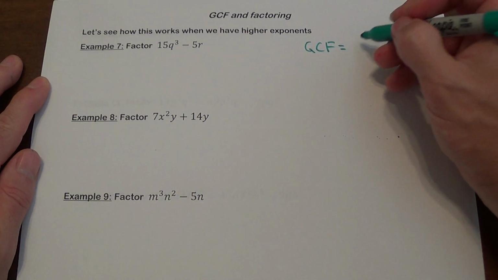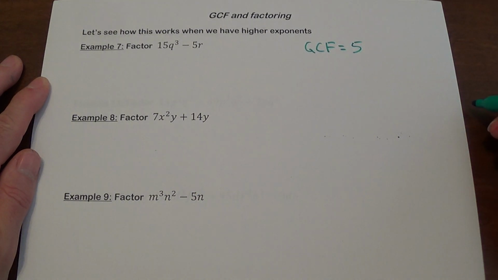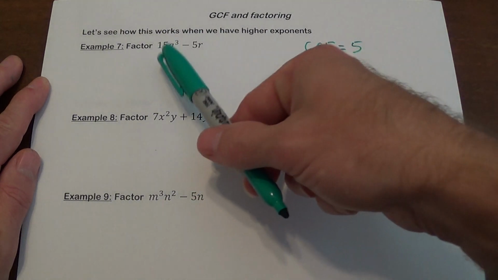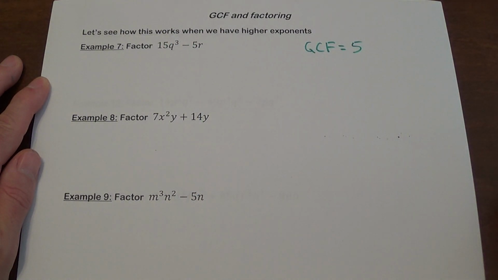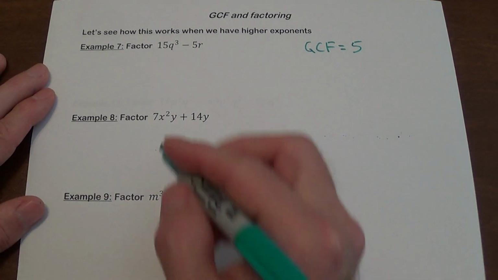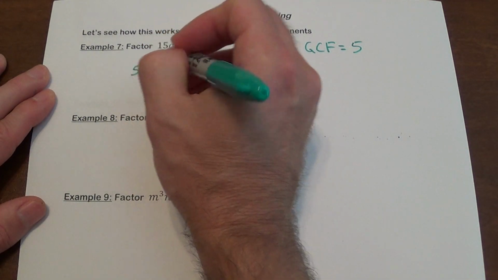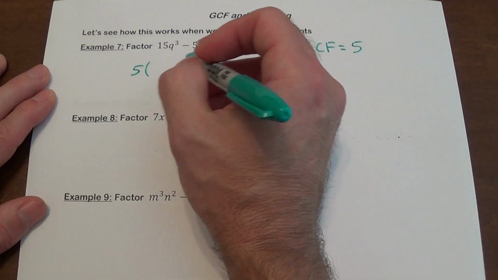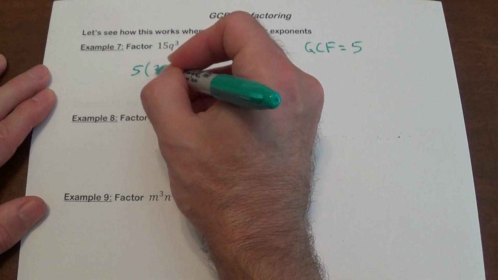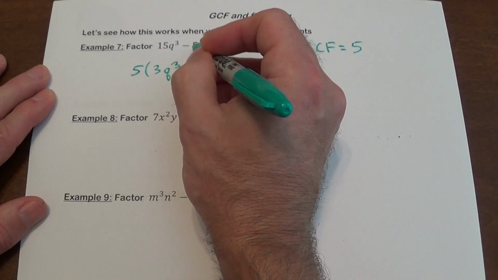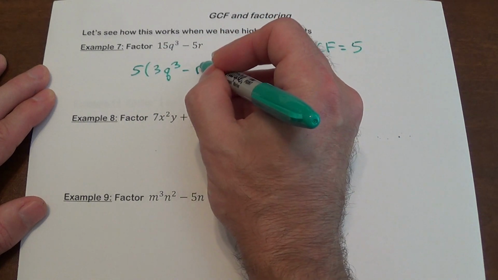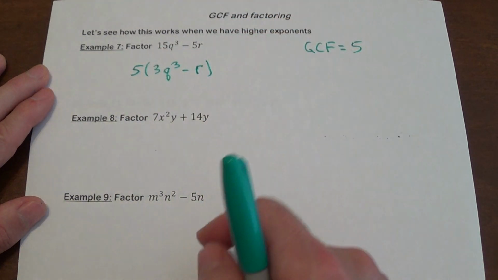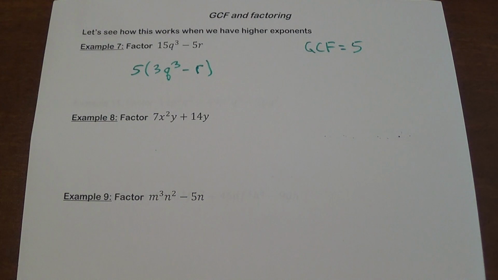So 15 and 5, obviously both divisible by 5. That's the greatest number. But your variables are different. So 5 is the only thing we can take out. 15q cubed divided by 5 is going to leave you with 3q cubed. 5r divided by 5 will leave you with 1r or simply r. That is the answer.